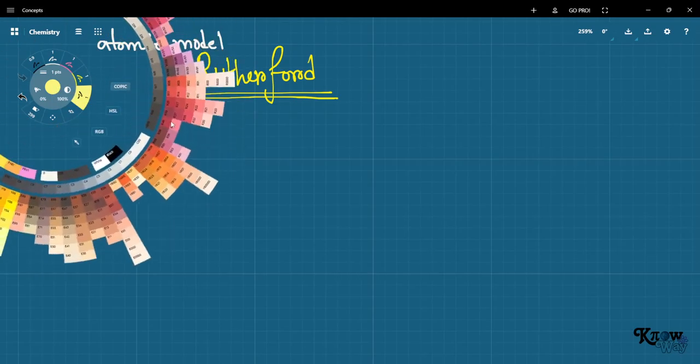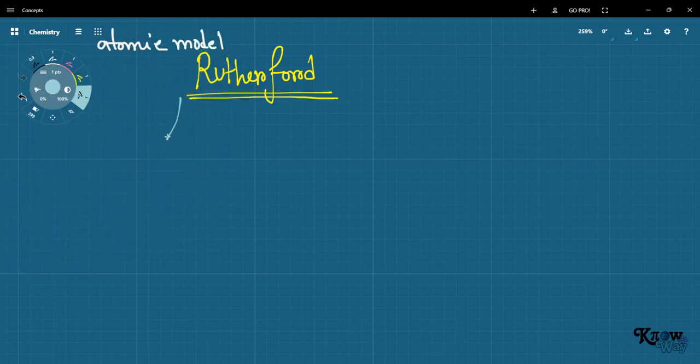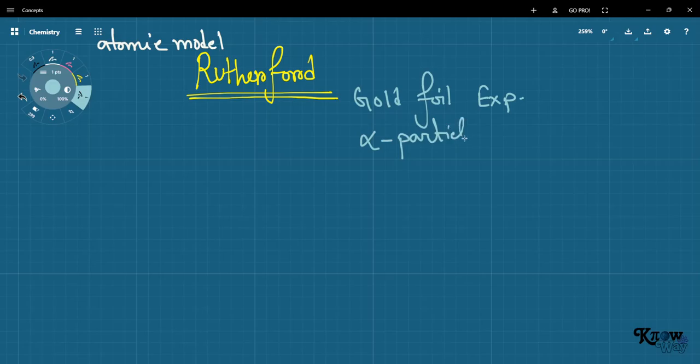Well, the name of his model is very fancy. It is called the gold foil experiment. He used the gold foil and alpha particles to determine the positions of the protons and the electrons.